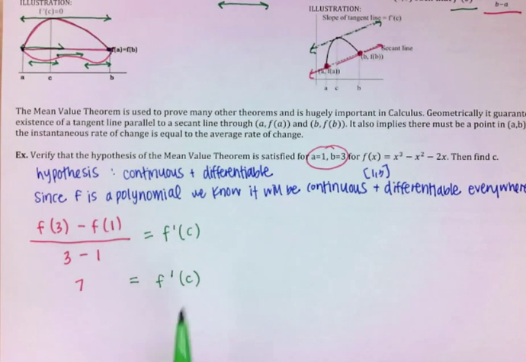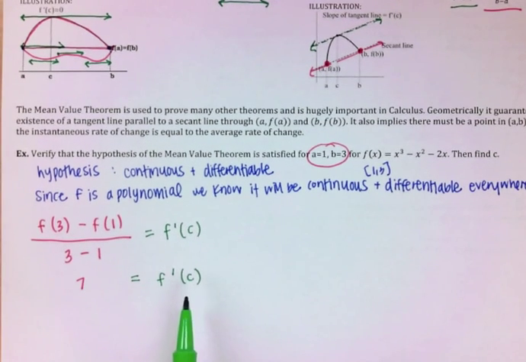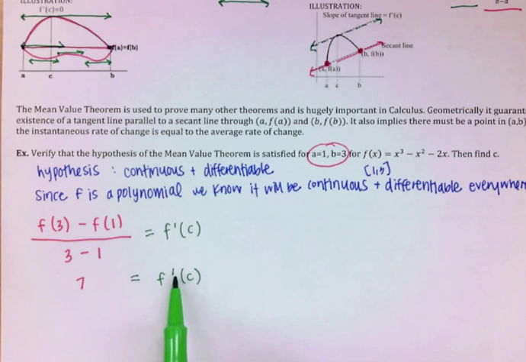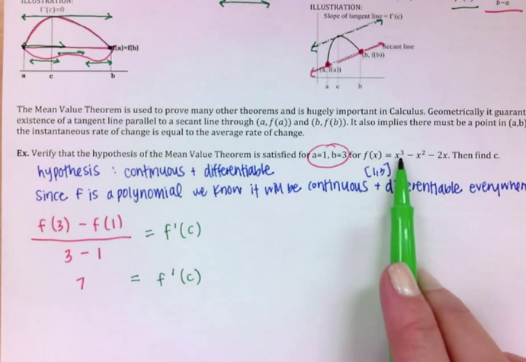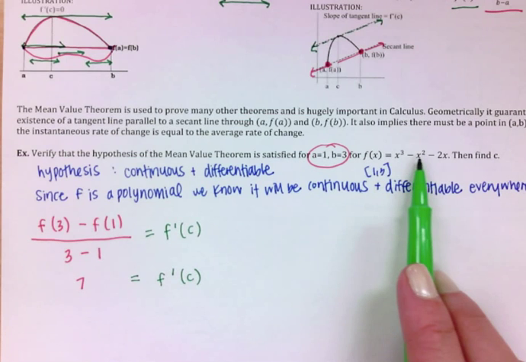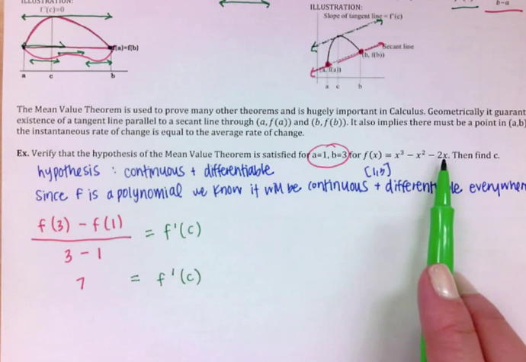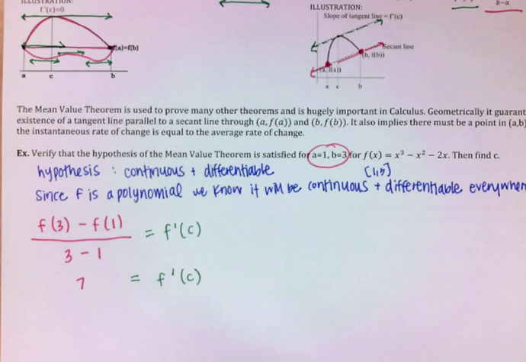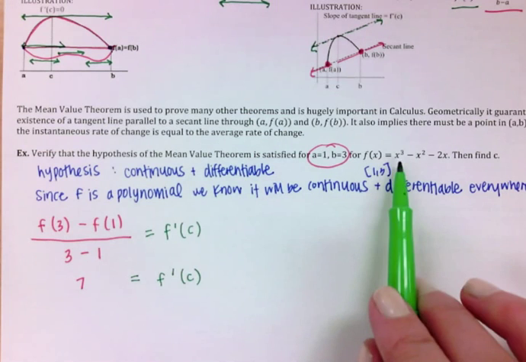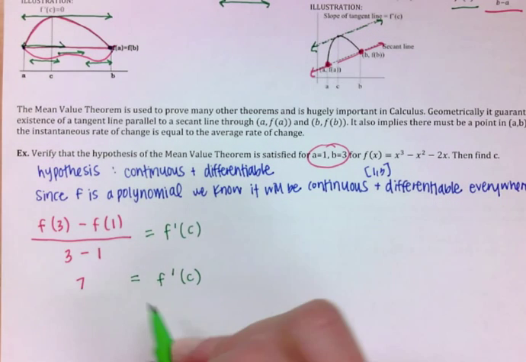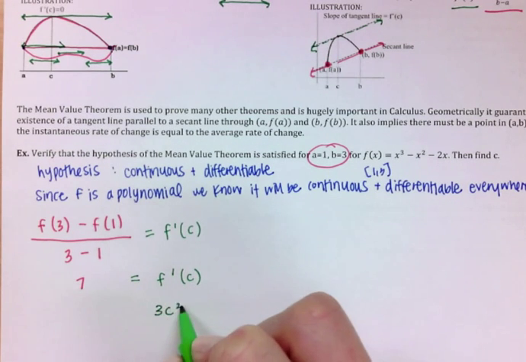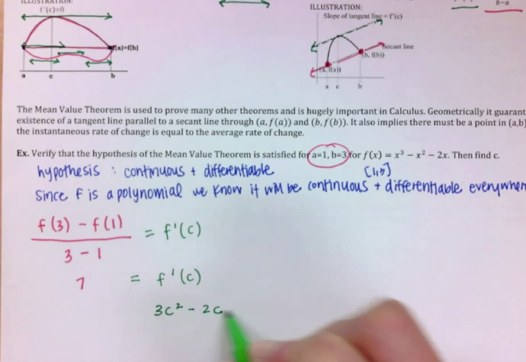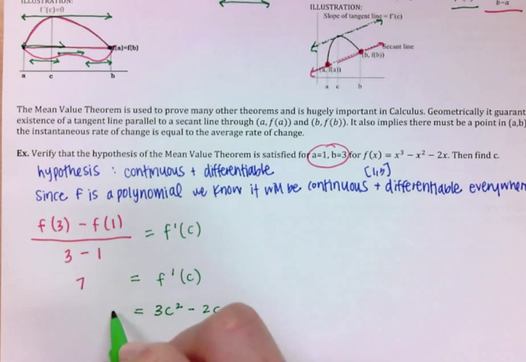Our f prime of c is the derivative of f, and so that's 3x squared minus 2x minus 2. But it's specifically of c, so plug in your c instead. So it's 3c squared minus 2c minus 2 is equal to 7. And so we need to find our c.